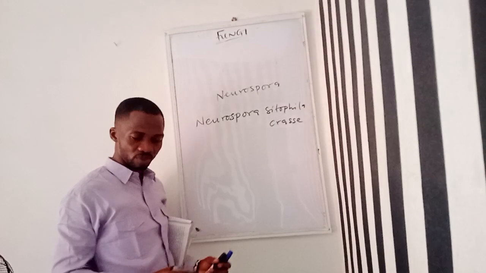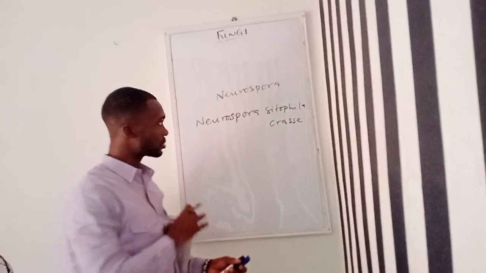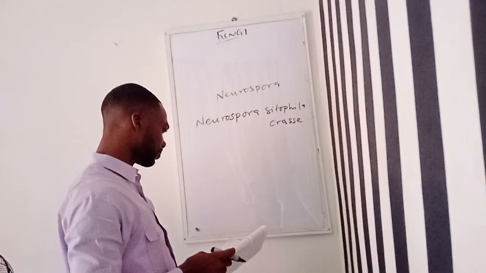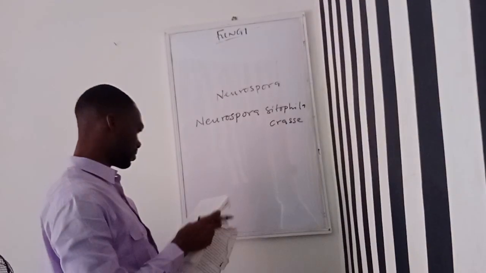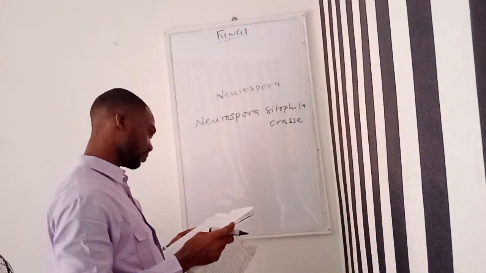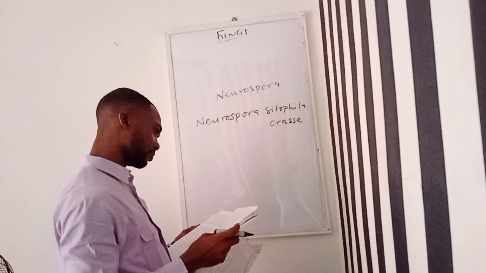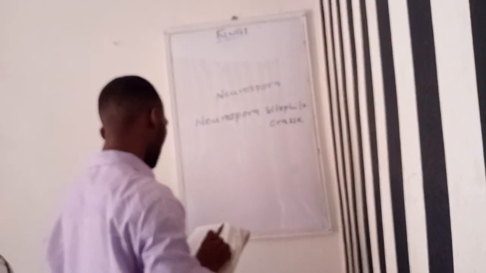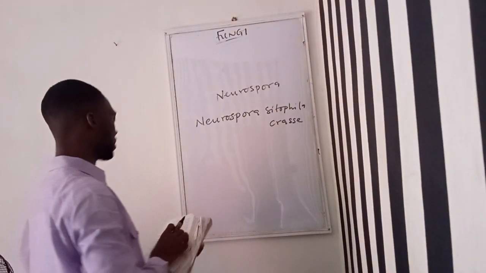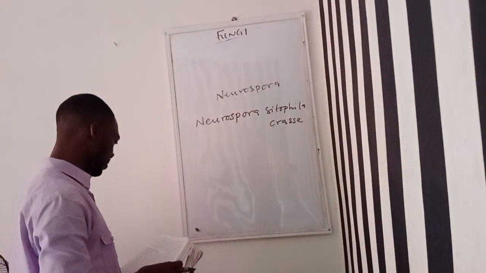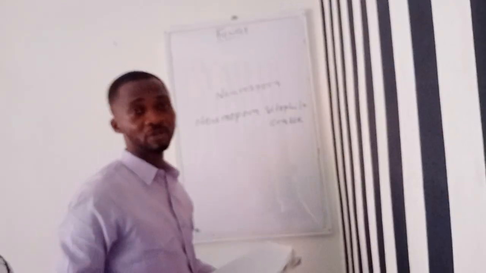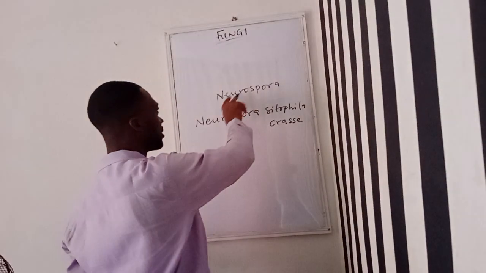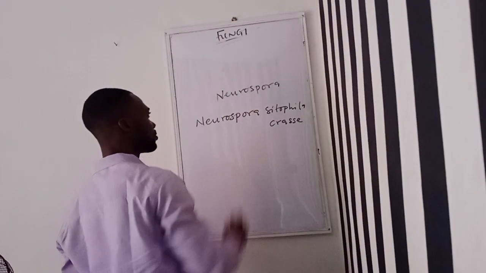No, sorry, I've mixed something up. The one that is used for microbial studies is this one I've mentioned now, Neurospora. So the ones that are used in the study of microbial genetics are Neurospora sitophila or crassa.